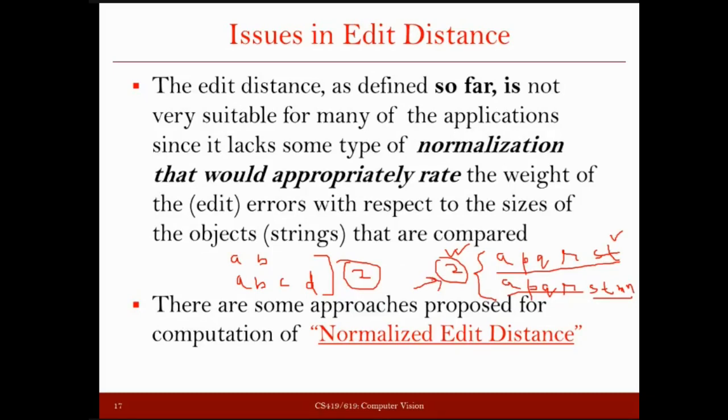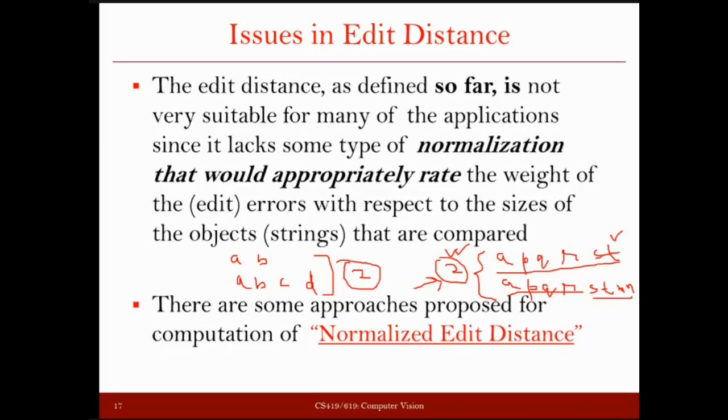If we convert this edit distance to a normalized edit distance, then this issue can be overcome. Now, how can we normalize this? The easiest way is by using the length of the strings. Maybe you can divide it by the maximum length that your strings have. Suppose you divide this 2 by 4, then you'll find that 50% is not matching here.